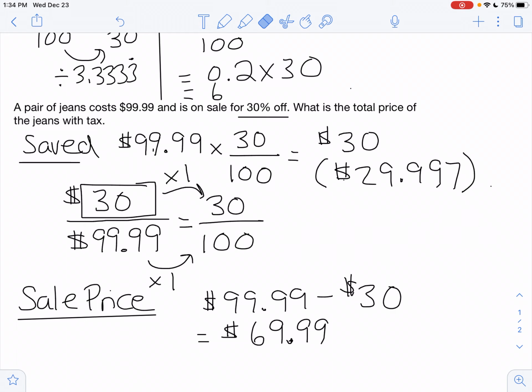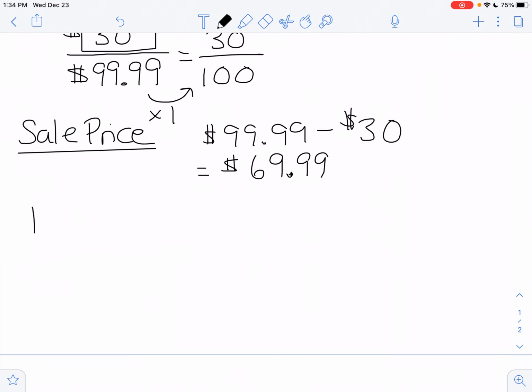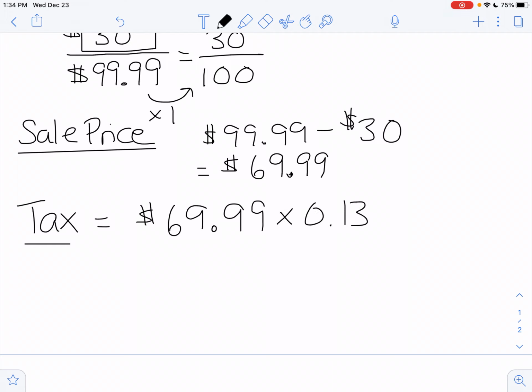And finally, we are going to be adding the tax. It asks for the tax. So for tax, we're going to do 13%. Okay, so tax, you're going to take $69.99, which was your sale price. You always add the tax on after you did the discount. And we're going to multiply it by 0.13.